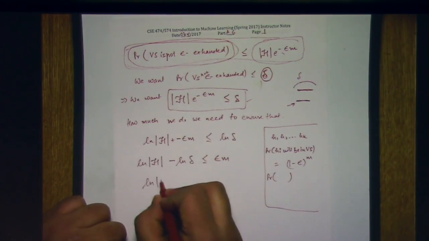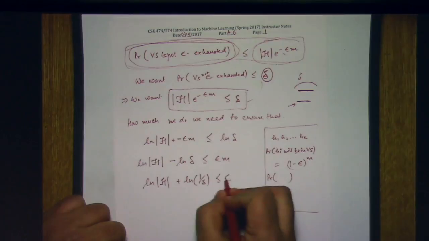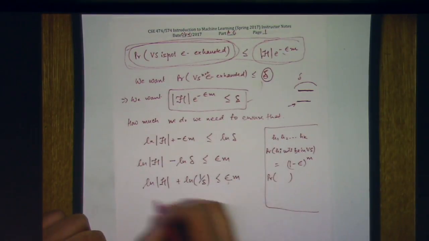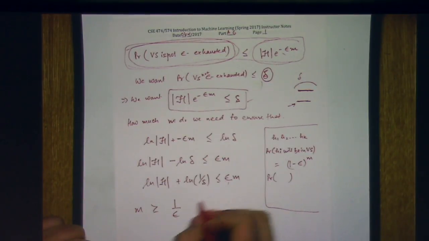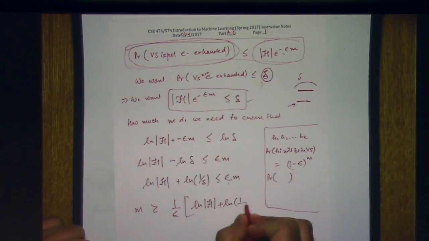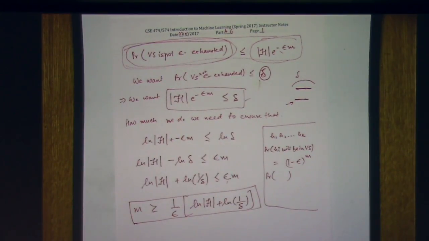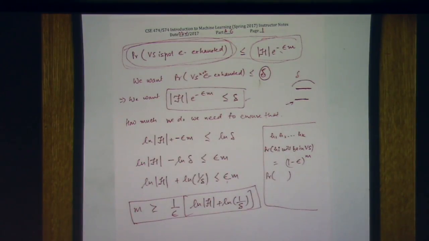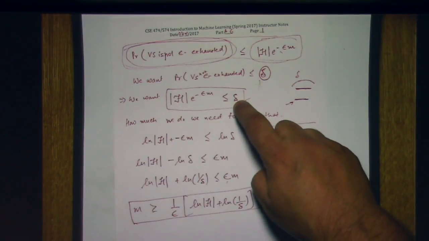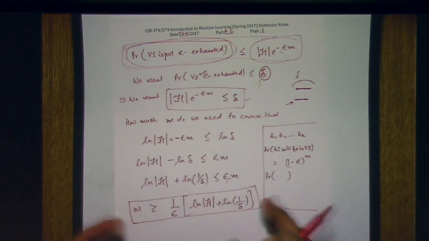And I want to work with positive values, so I'll make this log of 1 over delta less than or equal to epsilon m, right? And then epsilon can go here, so essentially at the end you can say that m has to be greater than or equal to 1 over epsilon times the log of the size of H plus log of 1 over delta. This is the result that I showed you in last class as well: if you want to guarantee that the probability of your algorithm failing is bounded by delta, where the failure is bounded by epsilon, right, then m has to be greater than this value, right?